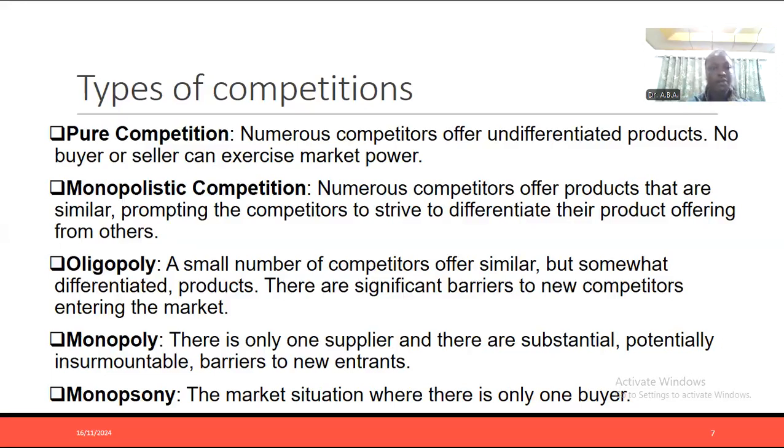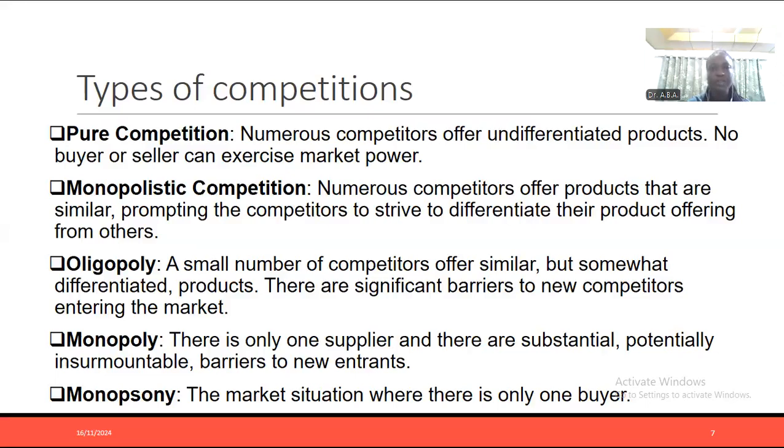Okay, then we have the oligopoly, where you have a small number of competitors offering similar but somewhat differentiated products. So what this means is that you can have a small number of competitors, all of them have differentiated their products or they are offering some specific product to the customer. All right.